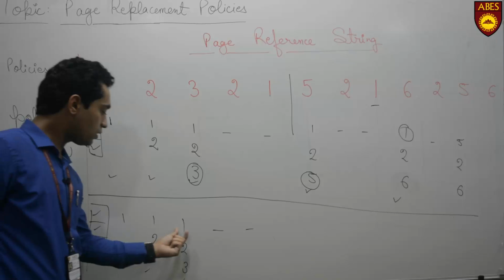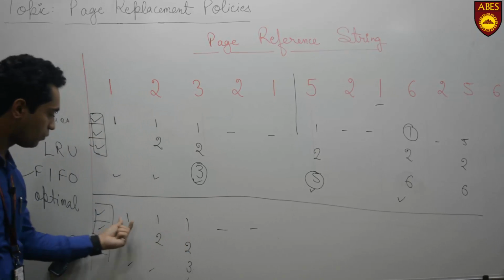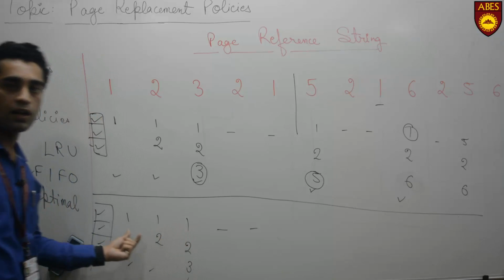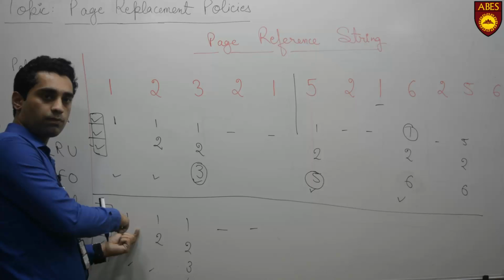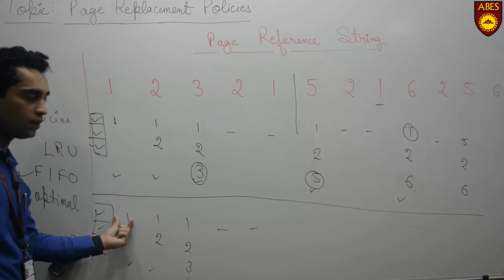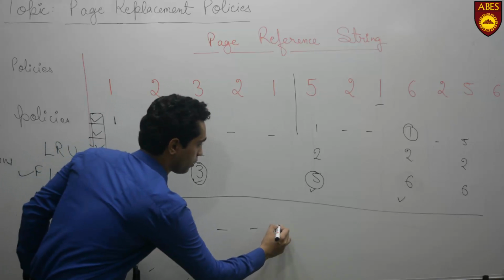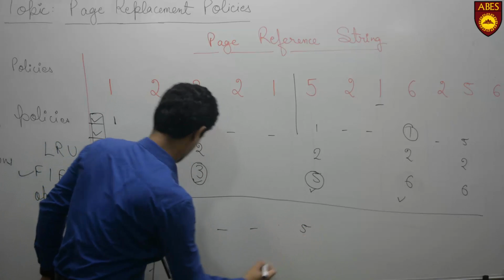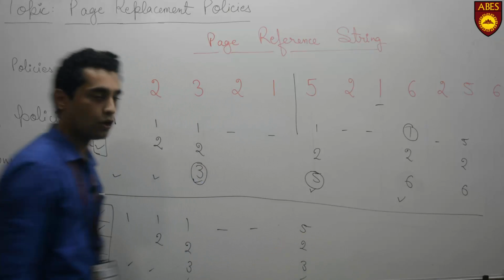The page which has been in the memory for the longest time will be replaced first. Here we are seeing 1, 1, 1. 1 is repeating again and again, means the first page was 1. So now we will remove this page, means the swap out page is 1 and the swap in page is 5 as per the requirement. So we are removing here, I am writing 5, 2 and 3. This is one page fault.